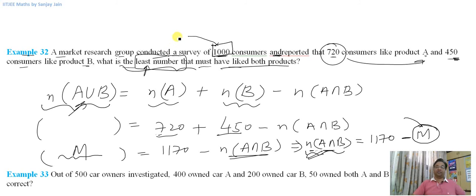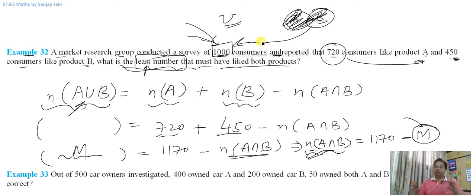So this was the survey, this was my universal set, okay? But if A union B is equal to this number, that is, A union B itself is the universal set, then the maximum customers that can be there in this A union B will give me the minimum value of this, which I require.